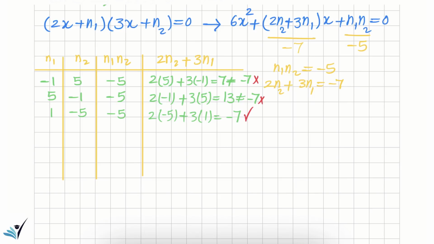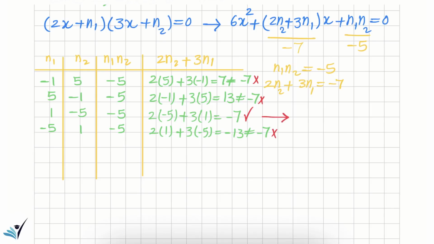Just to be complete, I'm going to try one more pair that is left here: -5 and 1. Multiplication is -5, and 2 times 1 plus 3 times -5 is equal to -13, not equal to -7.